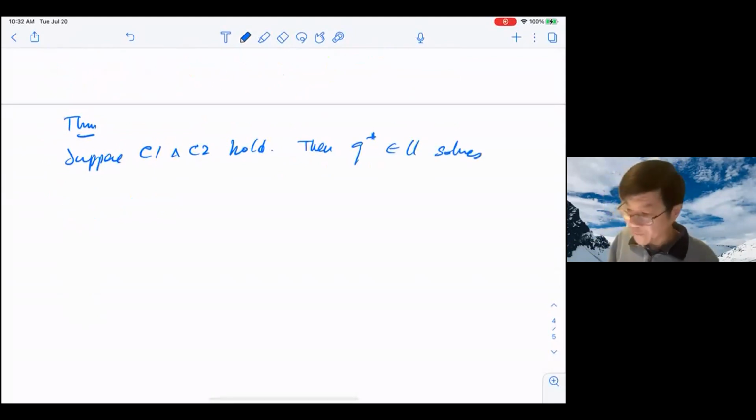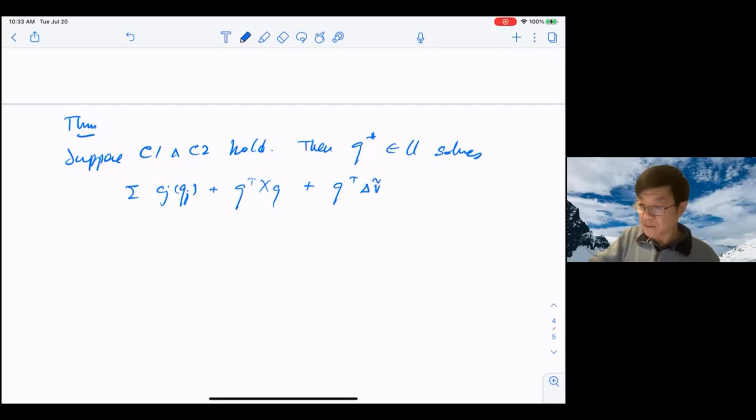solves the following optimization problem, which is, suppose you want to minimize, let me write this down and give a quick interpretation. So this is a sum over j.